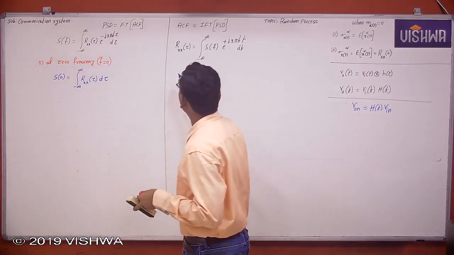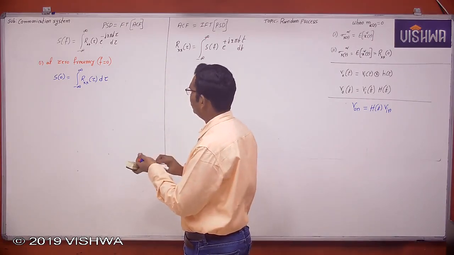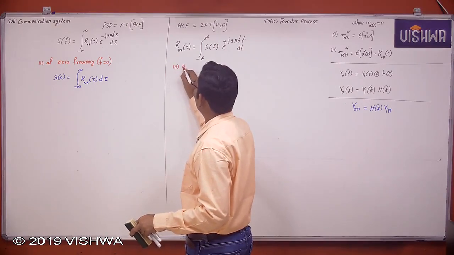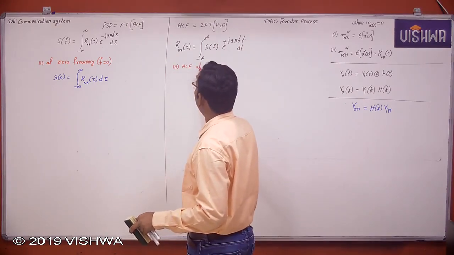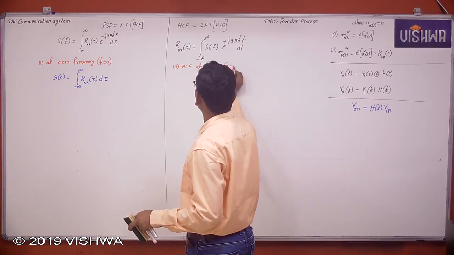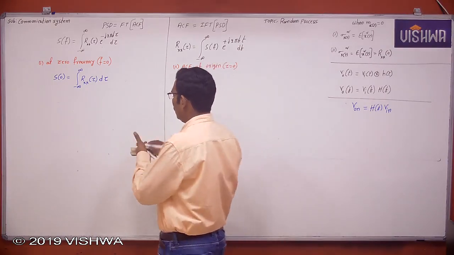Now similarly, the second one: the autocorrelation function at the origin, which is tau equal to 0.